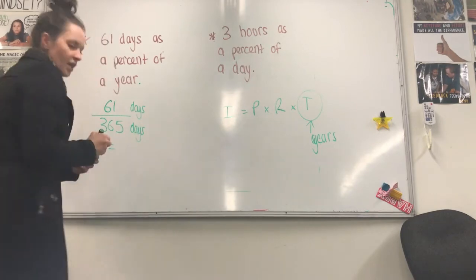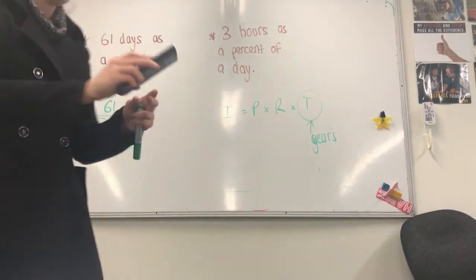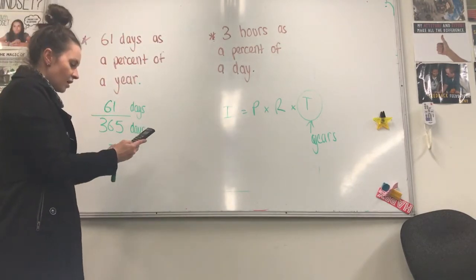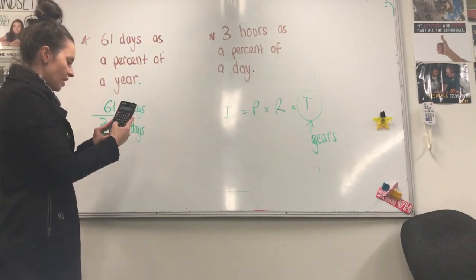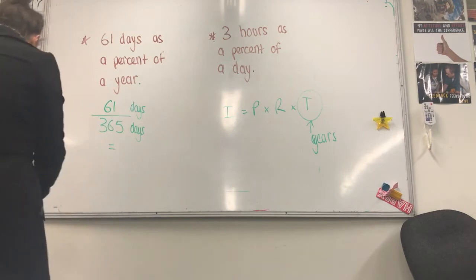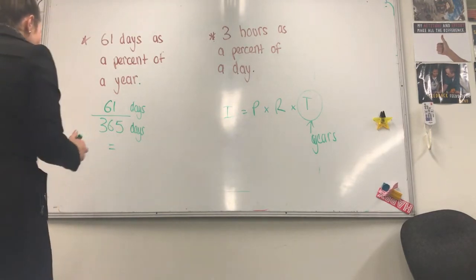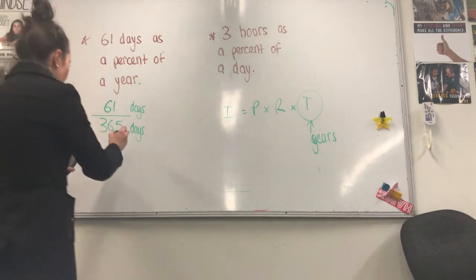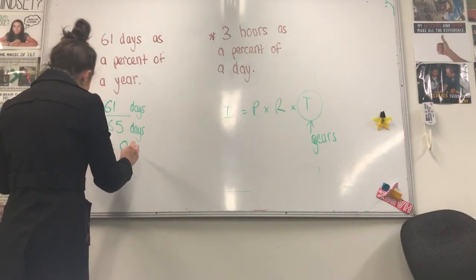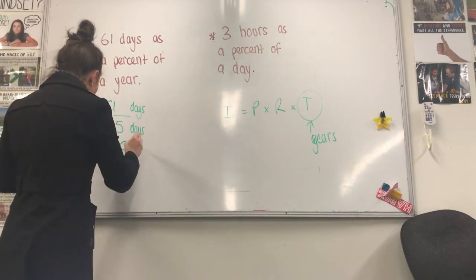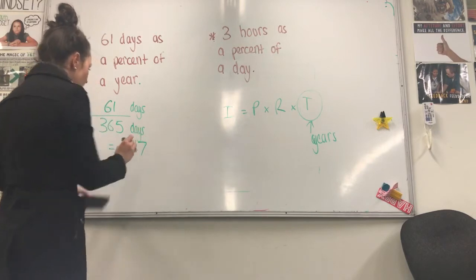So if we did that, 61 divided by 365 equals 0.17 to the nearest two decimal places.